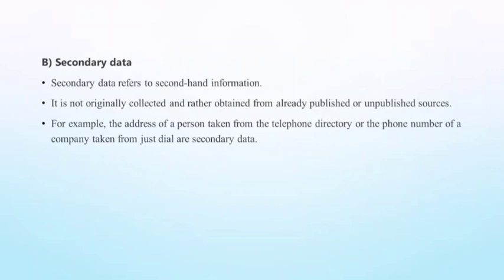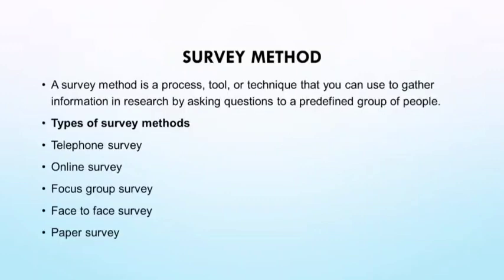You have the right to use that data, but with the understanding that you are using it for your purpose but it was collected for some other purpose. For example, the address of a person taken from the telephone directory or the telephone number of a company taken from Just Dial are secondary data. The primary data is the directory itself, that is collected by the publisher and kept, and you are using the data. That is secondary data.